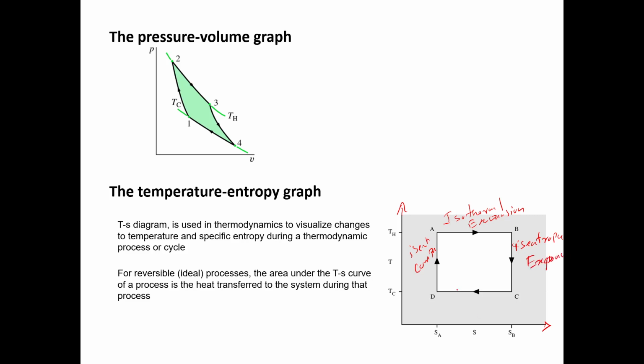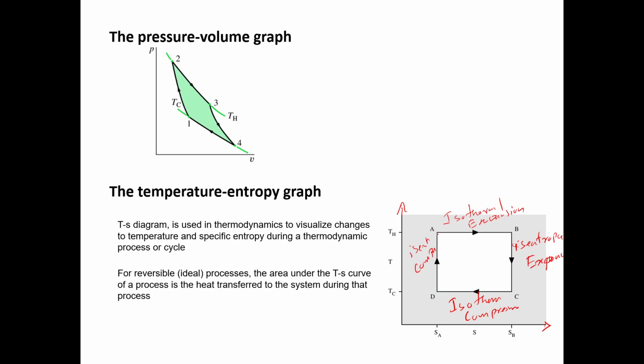Then here we have isothermal compression. Why isothermal? Because the temperature is constant. Isentropic, right?